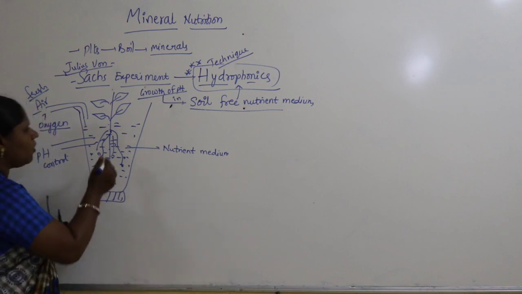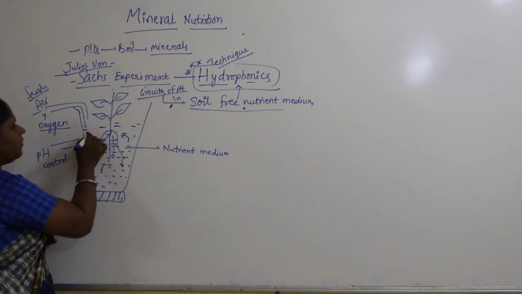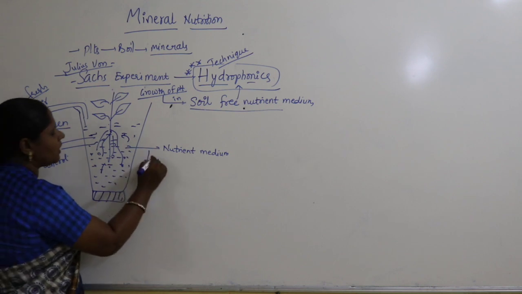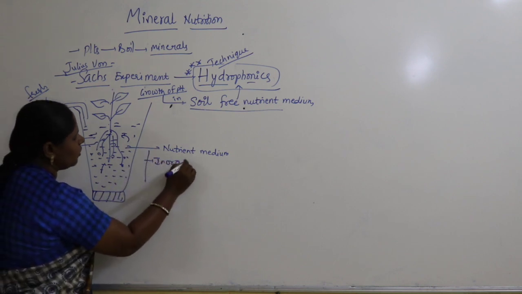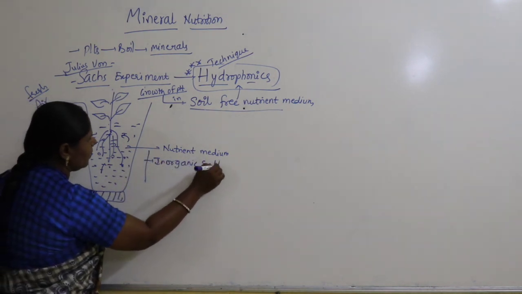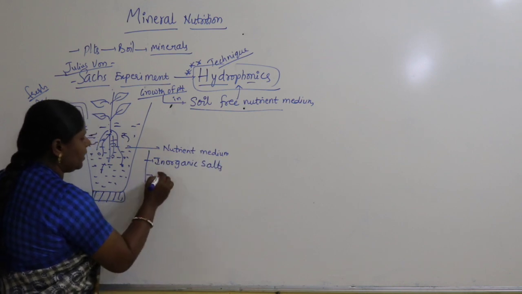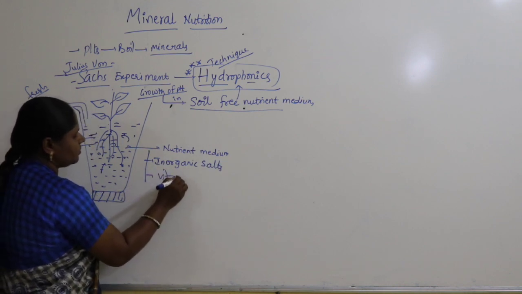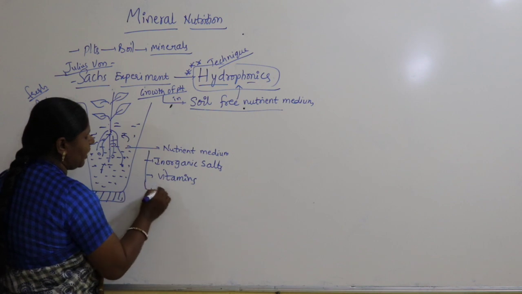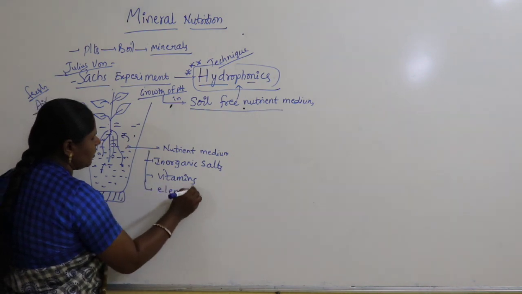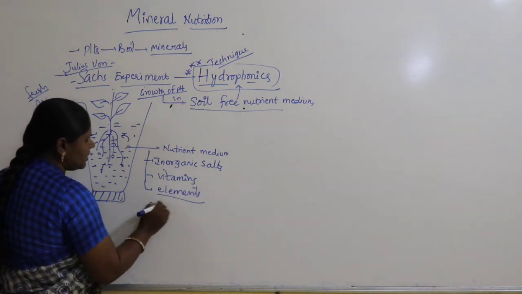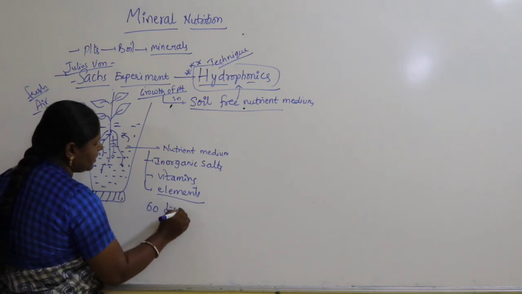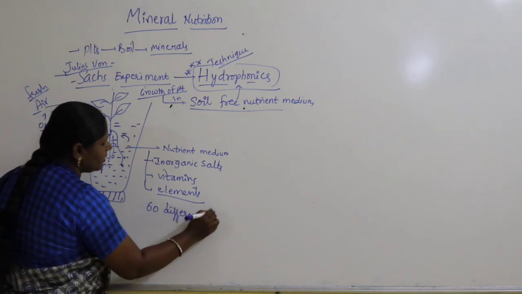If you supply all nutrients required for the plant, what does nutrient media contain? It contains inorganic salts, along with vitamins and different types of elements, nearly 60 different elements which are present in the soil.